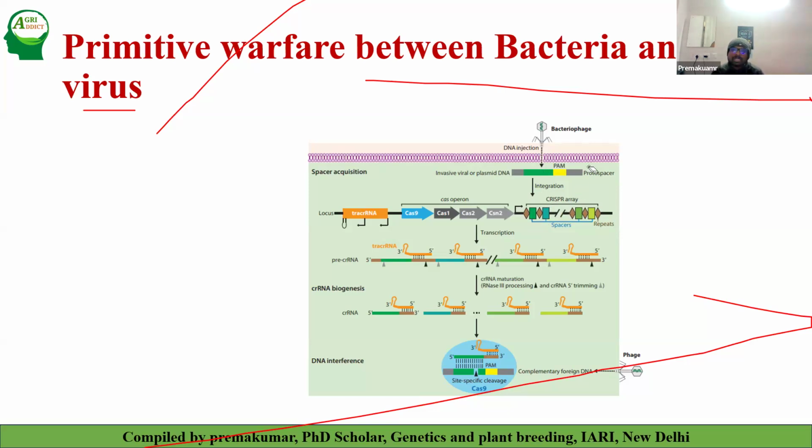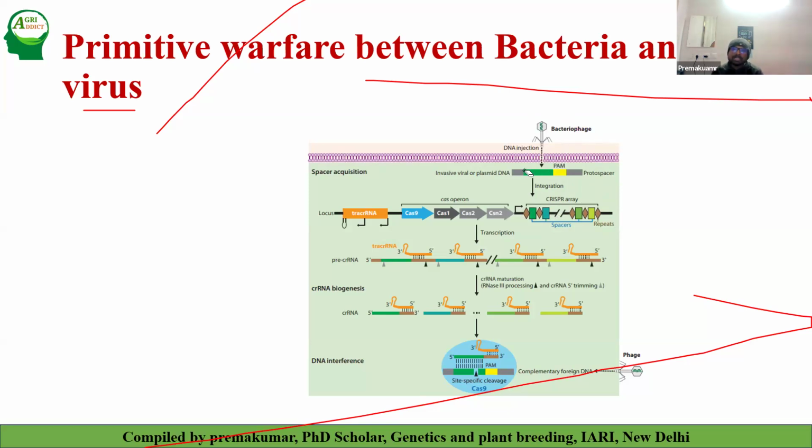If any green bacteriophage comes, this particular part of the DNA will be introduced as a spacer. Again, if a yellow or brown one comes, it will again be introduced as a spacer. These are from the bacteriophage gene, the viral gene.